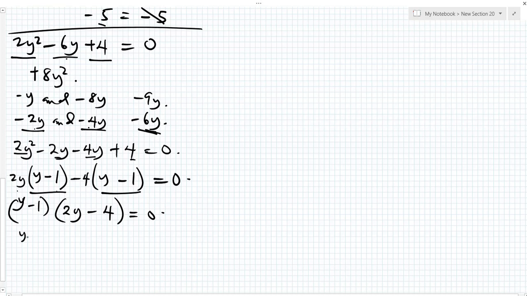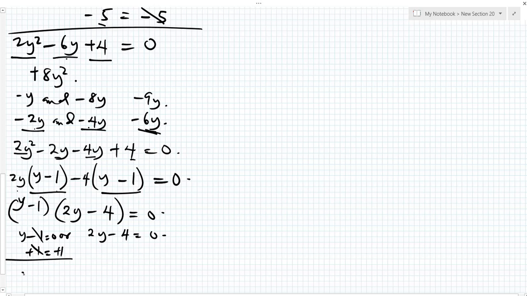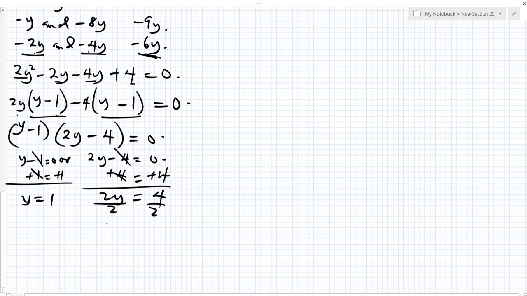Now you have y minus 1 equal to 0, or 2y minus 4 equal to 0. So the answer for y, you add plus 1 to both sides. This will cancel this. You have y equal to 1. For this, you add plus 4 to both sides. This will cancel this. You have 2y equal to 4. If we divide all through by 2, this will cancel this. You have y equal to 2.